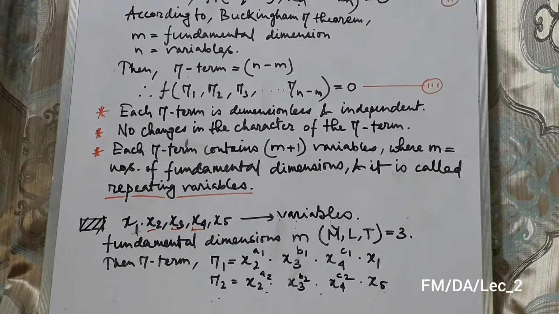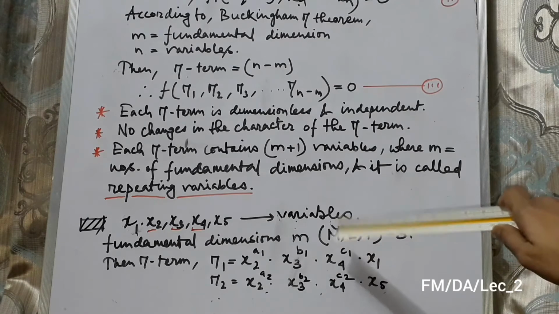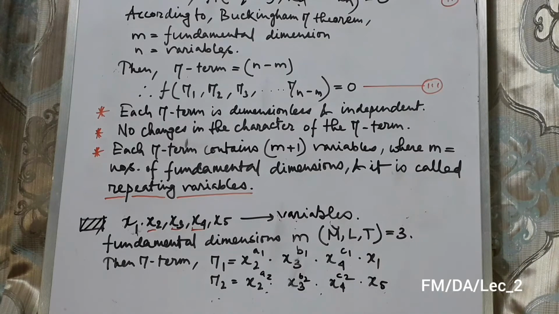Then the number of fundamental dimensions m equals 3, that is M, L, T. Then the pi terms will be n minus m.